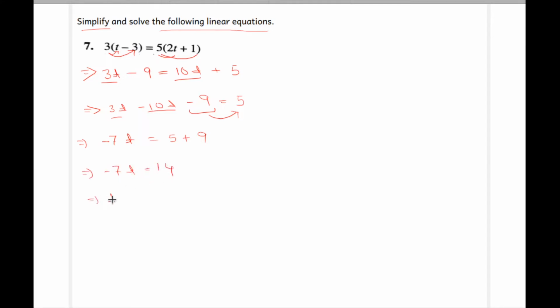So t equals to 14 divided by minus 7. Okay. Now with 7 we can cut it by 2. So it is equal to 2 by minus 1, or directly we can write t equal to minus 2. Because 2 by 1 and 2 is same and minus symbol is there, so minus 2. Okay. Very easy.